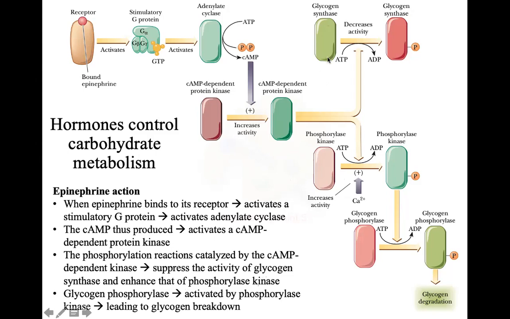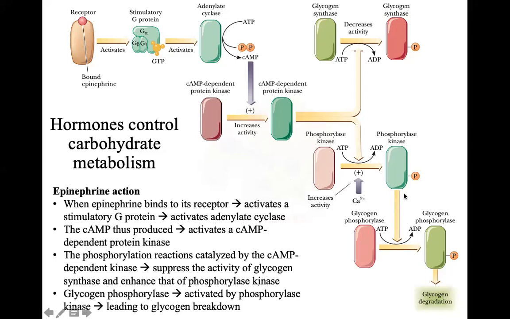If the activity is to decrease the activity of glycogen synthase, they will convert the ATP to ADP. All right. But if the carbohydrate metabolism continues, they will start increasing the influx of calcium into the cells through the calcium ion channel.